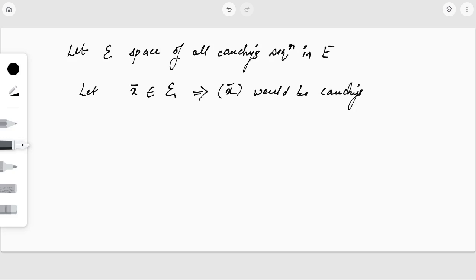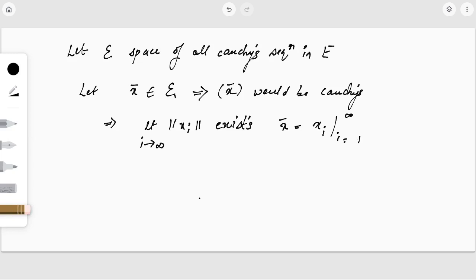Now we had done properties of Cauchy sequences, that is, if a sequence is Cauchy, then the limit of that sequence will exist. So we can say that the limit as i tends to infinity of norm xi exists, because x cap is Cauchy and x cap is given by xi. We know that they are infinite tuples, so i from 1 to infinity. So we know that the limit of this particular sequence exists.